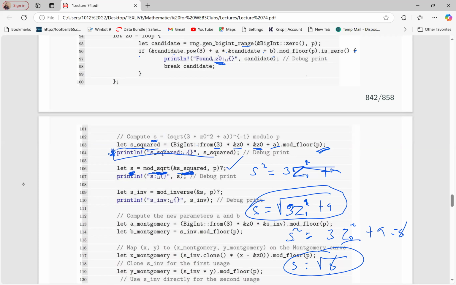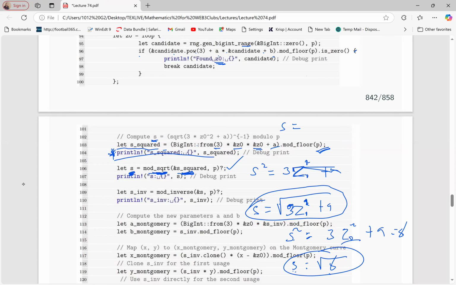Now, what about the inverse? We're supposed to get the inverse of S, because that is what the formula was about. We already worked with S, so we want the inverse, not the square.